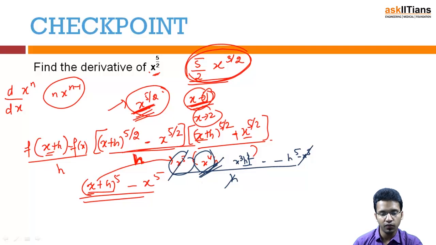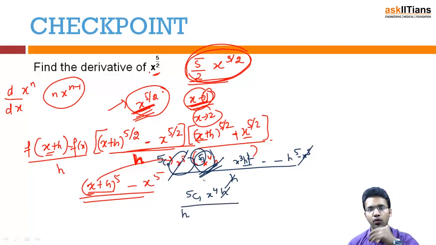So the coefficient of that one, obviously you can get from here: 5C0 is this one, and this is 5C1. So 5C1 will be the coefficient, with x raised to power 4 and h, and this h will get cancelled with the h in the denominator. The rest of the terms become 0 once we put h equal to 0, so we don't need to worry about them.